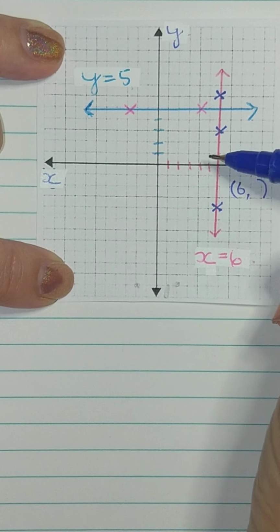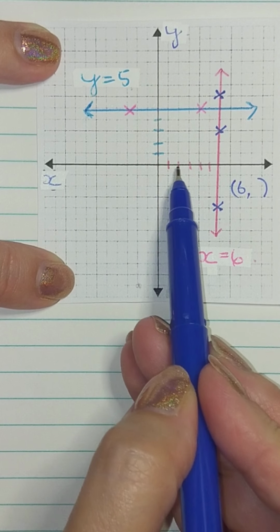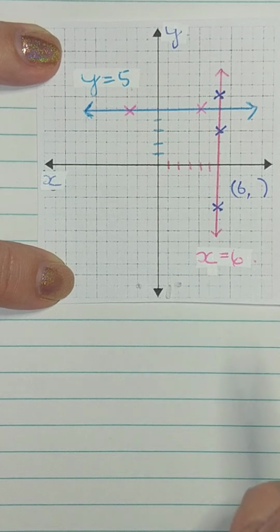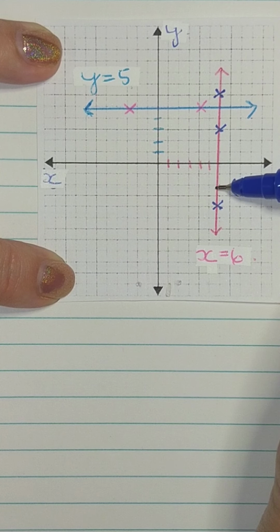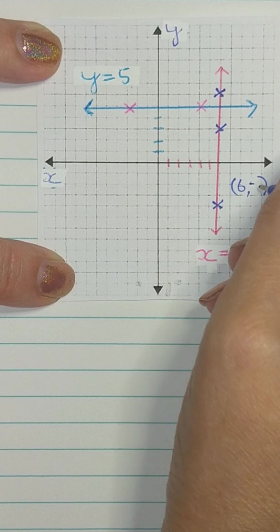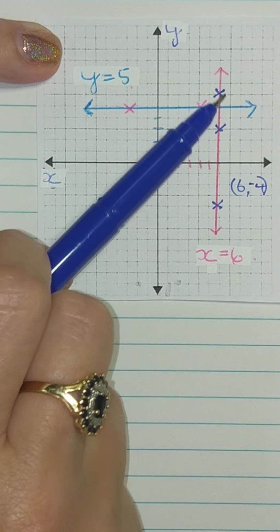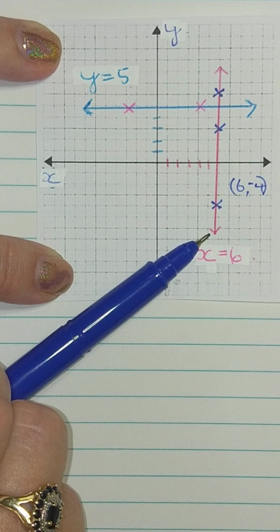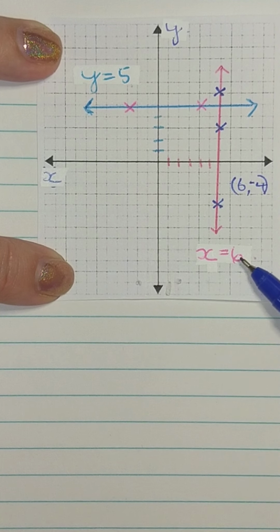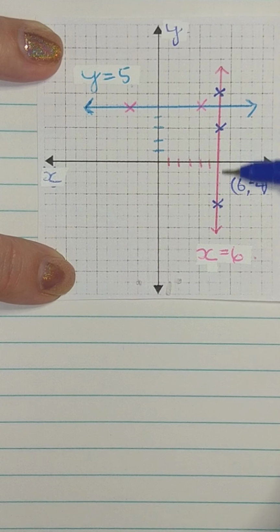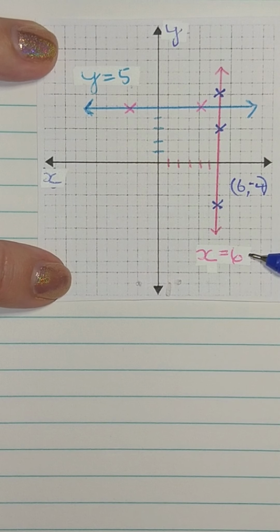So x is 6 because we would count out 1, 2, 3, 4, 5, 6. And the y value we would be counting down 1, 2, 3, negative 4. Okay, but it wouldn't matter which one of these points we plotted, the x value would always be 6 because this line is called x equals 6.